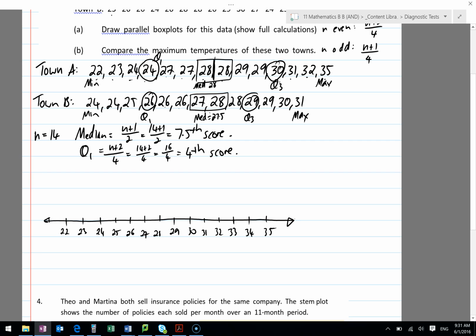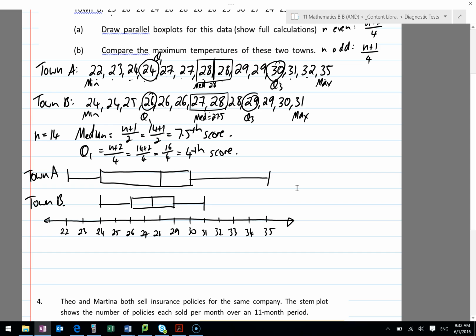All right, and I'll go ahead and put all these details on. So for town A, got my minimum score, got my Q1, my median, my Q3, and my maximum. Then I can draw the box and whisker plot around this and write here that it's town A. And then do a similar thing for town B.